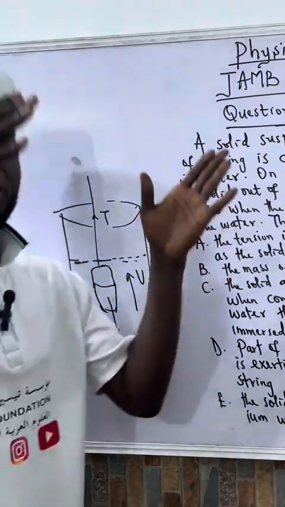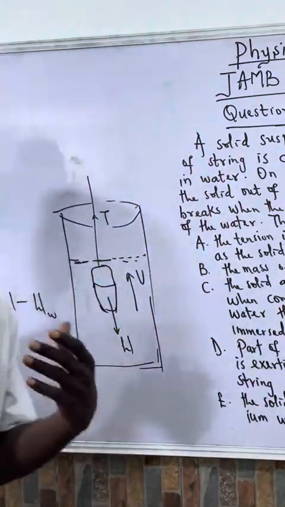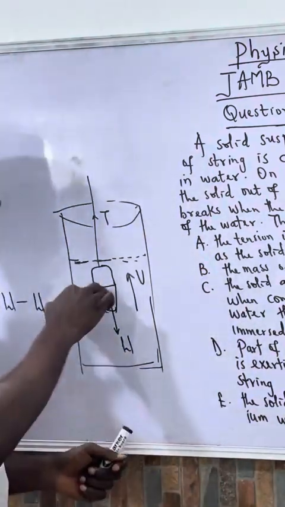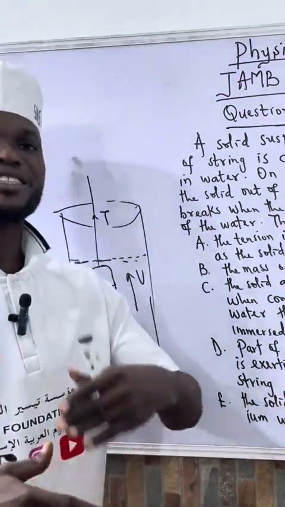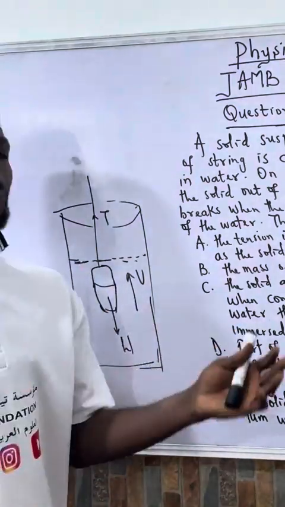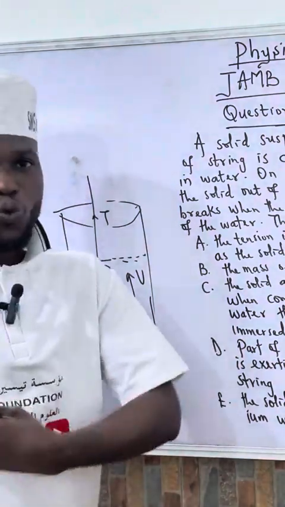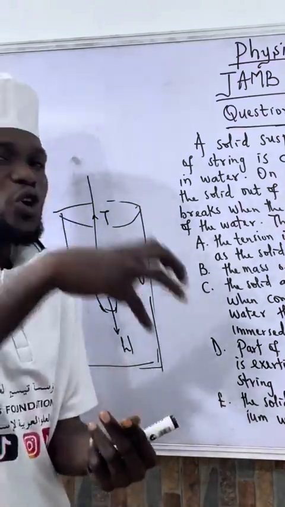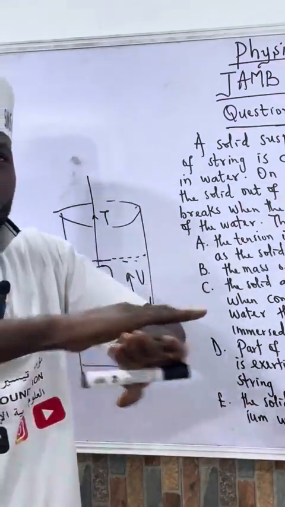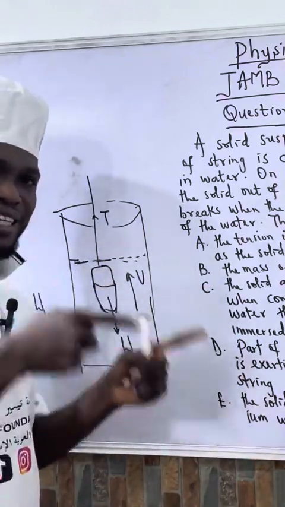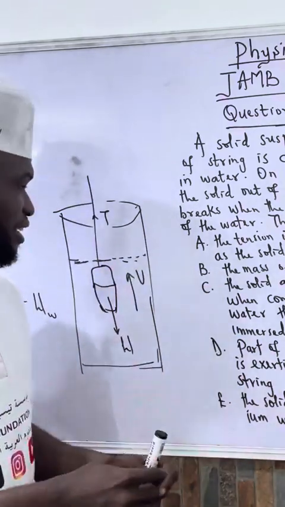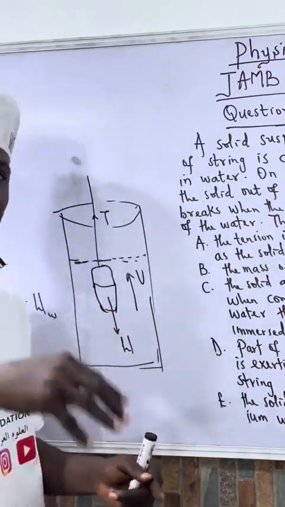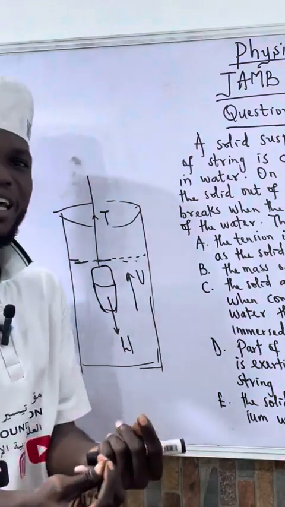Now, when the object is completely immersed inside water, you know that it will appear lighter. That is because the object has displaced a volume of water that is equal to its weight. That's why everything balances each other. So when the object is still completely submerged inside water, it will appear lighter.